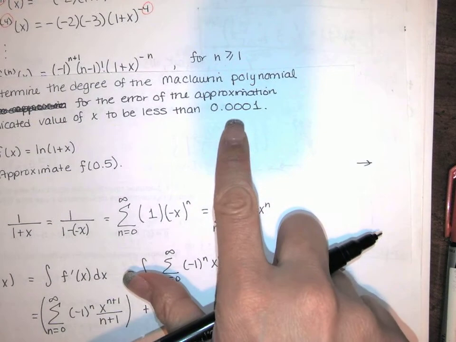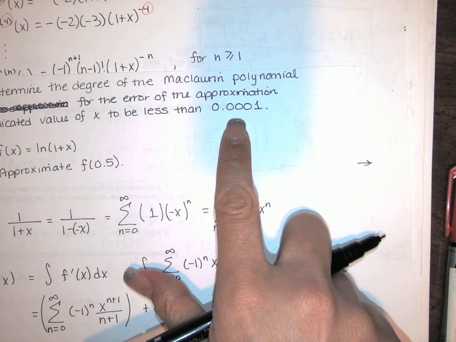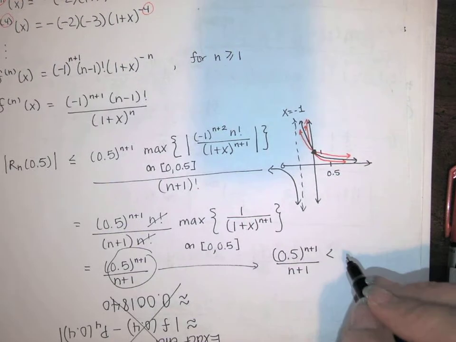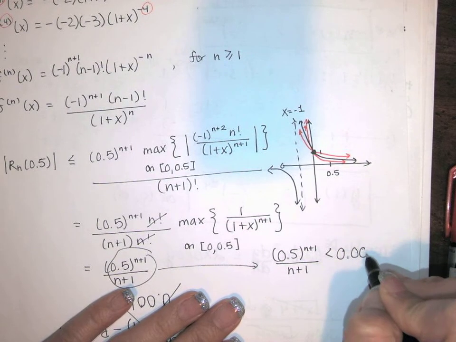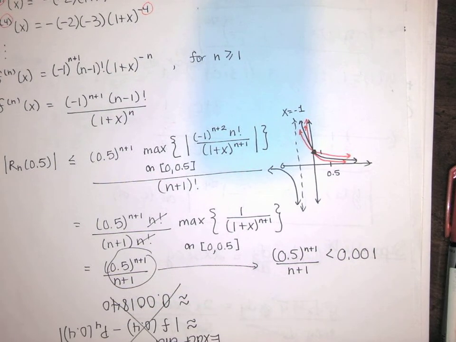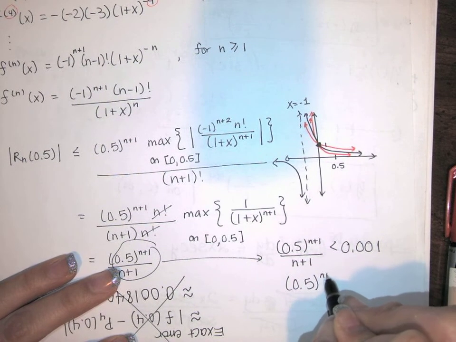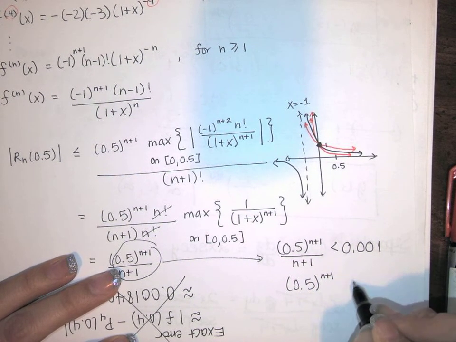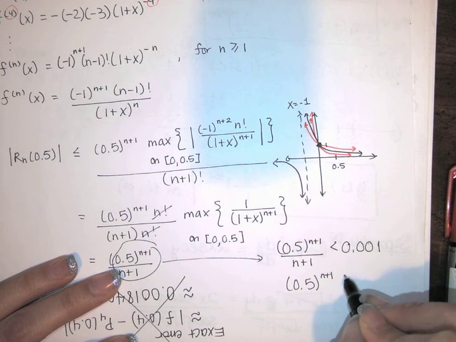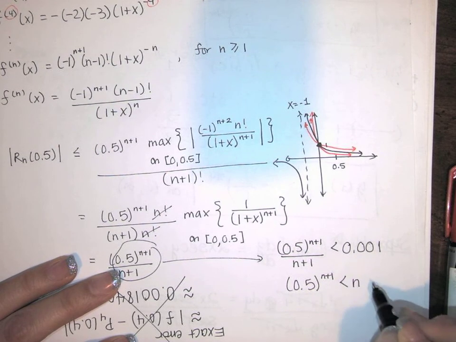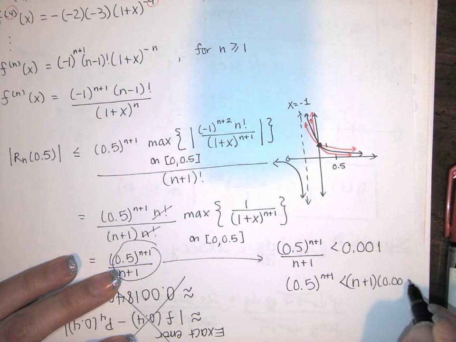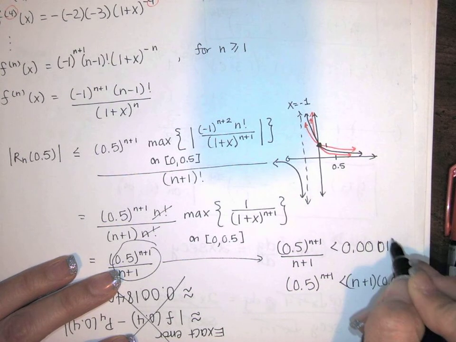They want the degree of the polynomial so that the error is less than 0.0001. Ooh, that's actually kind of hard. So I've got 0.5 to the n plus 1, so it's 1/2 to the n plus 1, and I need that to be less than n plus 1 times 0.0001.